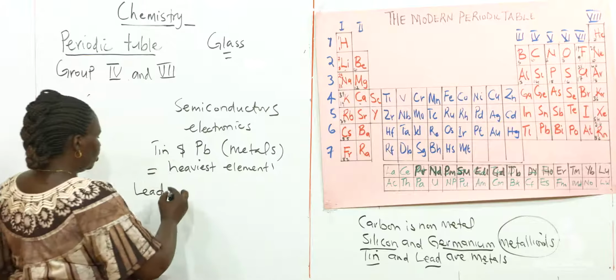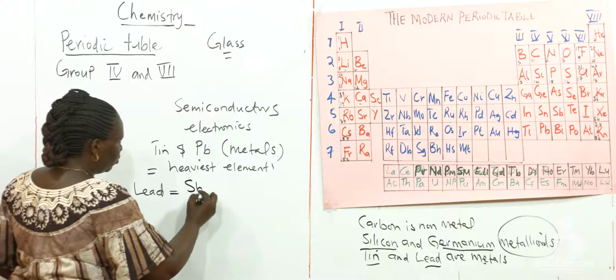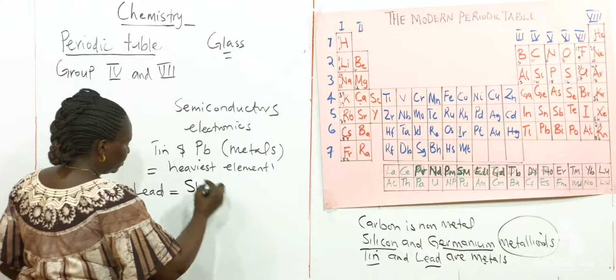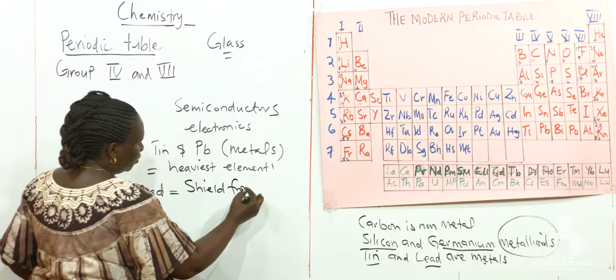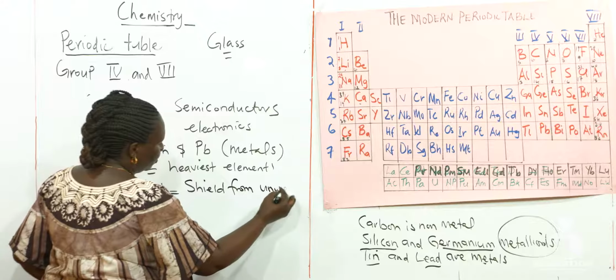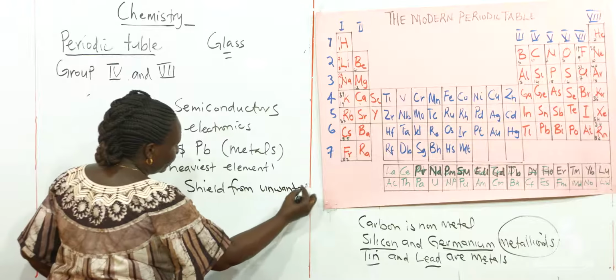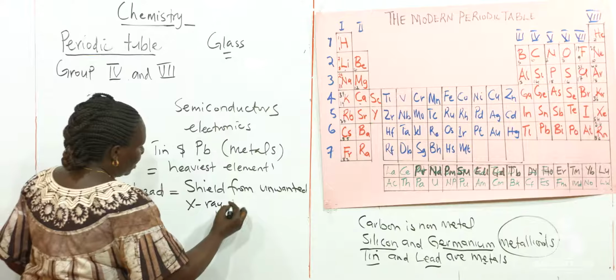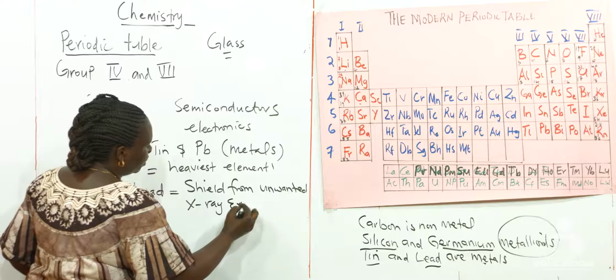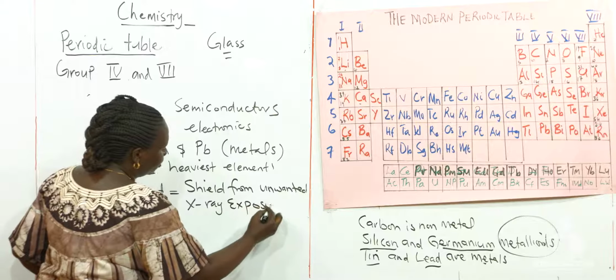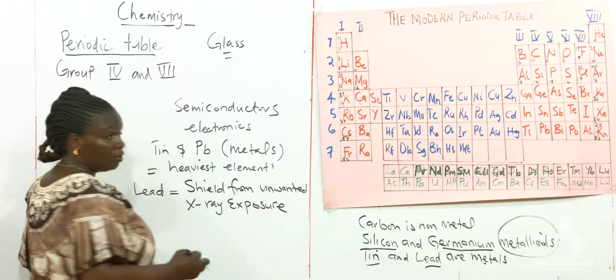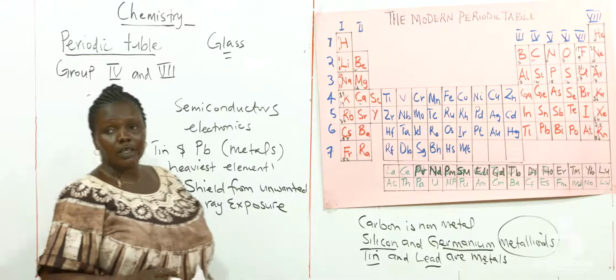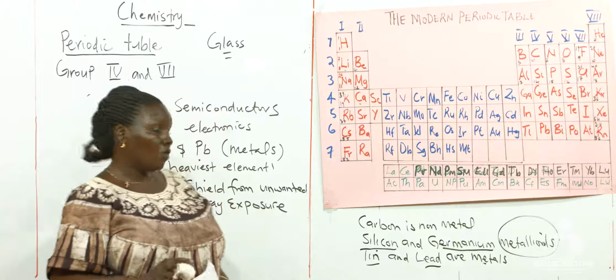Lead is used to make shields from unwanted X-ray exposure, because we know that those rays are harmful to the tissues in our bodies.